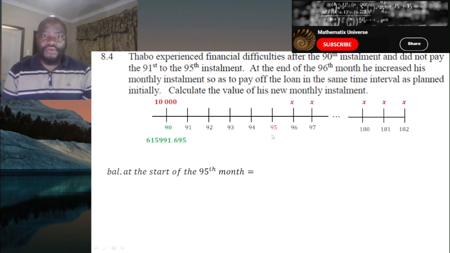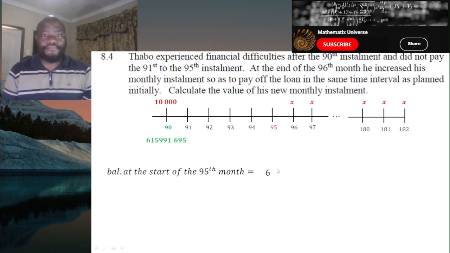So we need to put the amount here so that we can use the formula as though this is where we are taking this loan, and we need to find out what the x needs to be to finish the loan in this number of months. So we need to move this amount all over to T95, or the month 95.